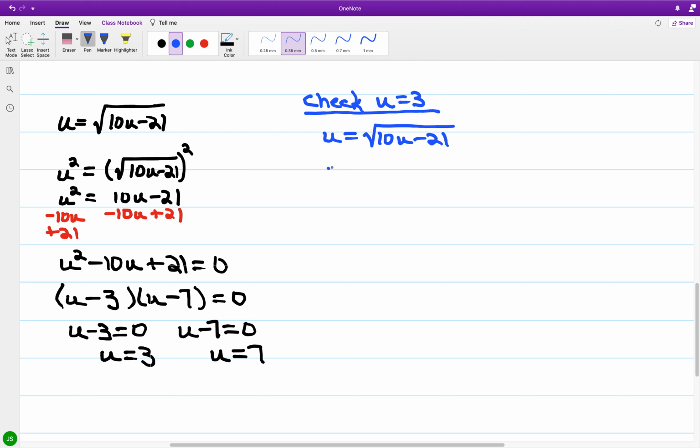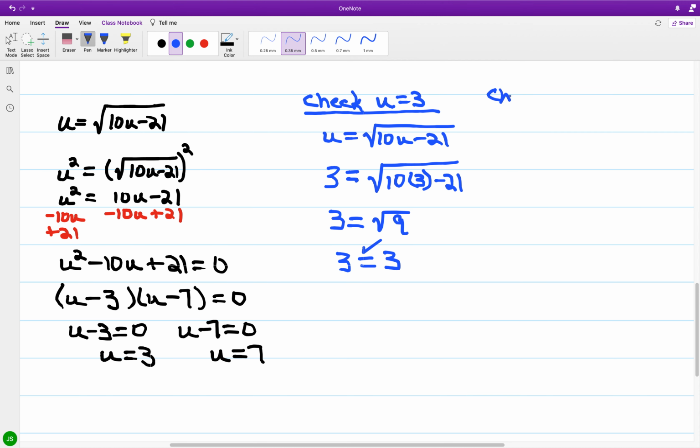So if u is 3, we have 3 is equal to the square root of 10 times 3 minus 21. 10 times 3 is 30, minus 21 is 9, and the square root of 9 is equal to 3, so we have consistency. And checking out what we have for 7.